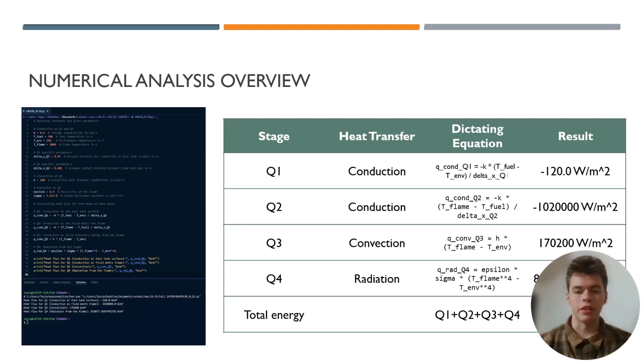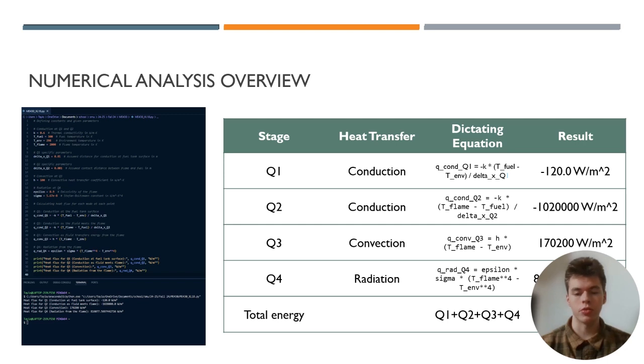So we included it. We did the conduction heat transfer equation between the fuel and the environment, and that came out to be negative 120 watts per meter squared. For our second one, we did conduction as well, between the flame holder, at the beginning of the flamethrower going off, and the fuel passing through it.